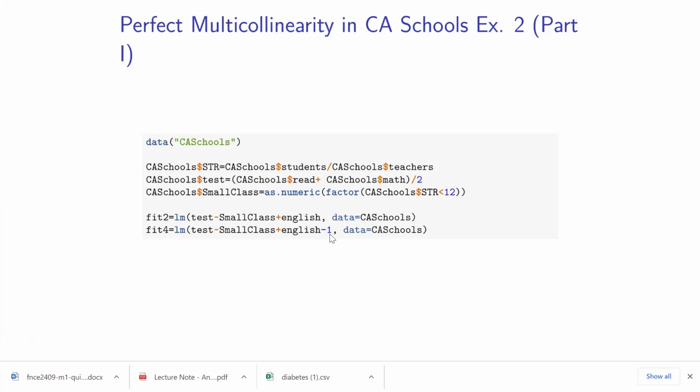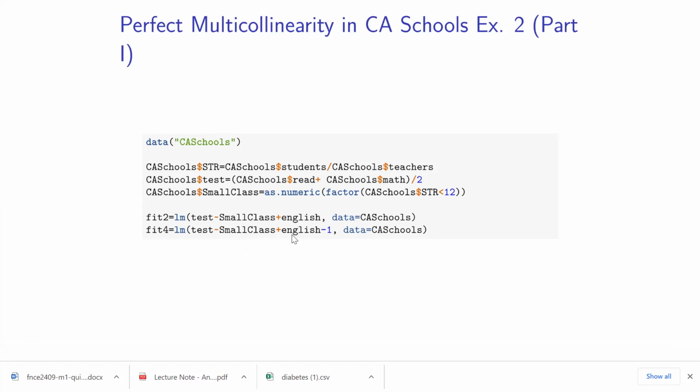At appearance, these models shouldn't have suffered from the perfect multicollinearity problem, because rationally, the small class dummy and the percentage of English learners in the class should not be perfectly correlated. And therefore, it's not obvious that we will have the perfect multicollinearity problem in these models.